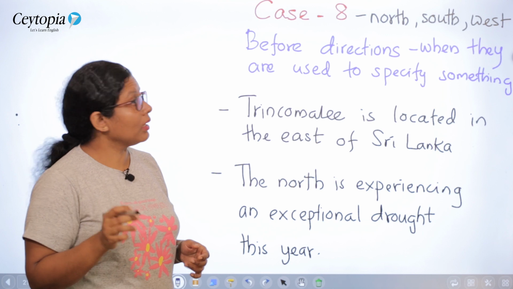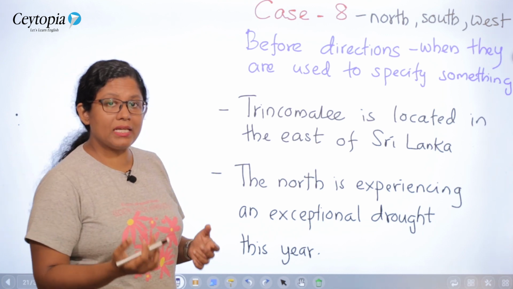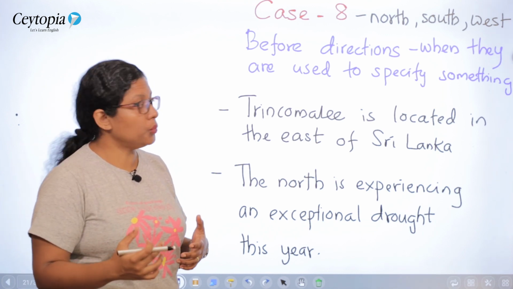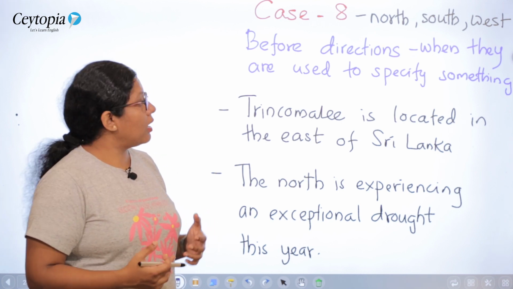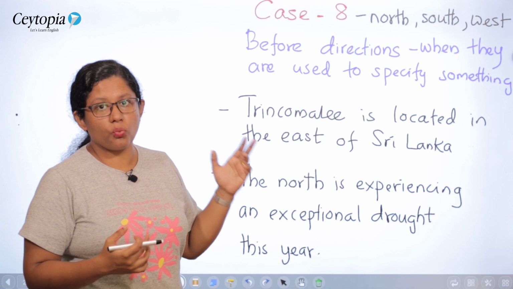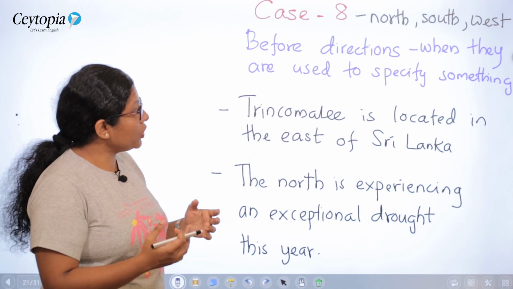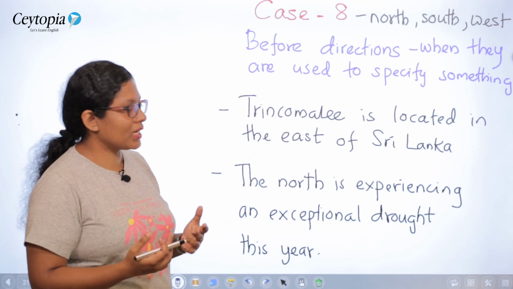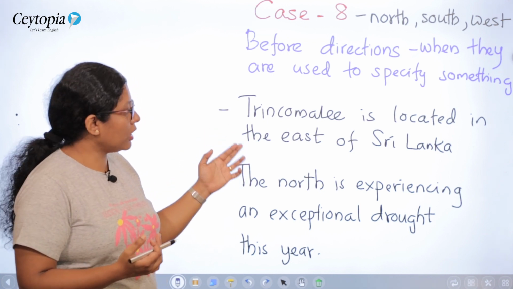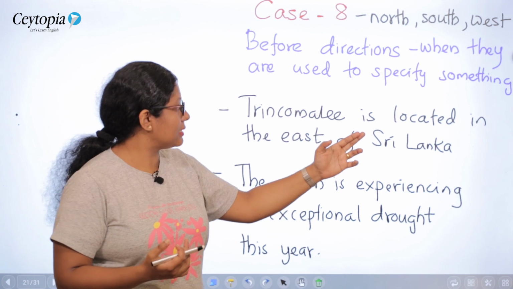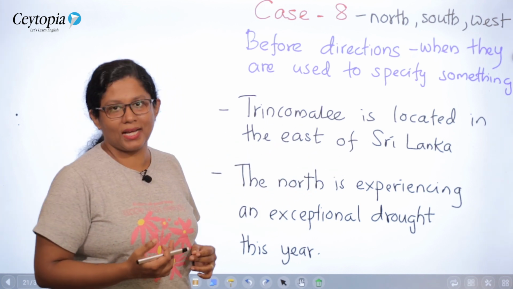Case 8. When you use the names of directions in order to specify the location of something, place, like north, south, west, east. Before those nouns we use the. For example, Trincomalee is a town in Sri Lanka. Trincomalee is located in the east of Sri Lanka.